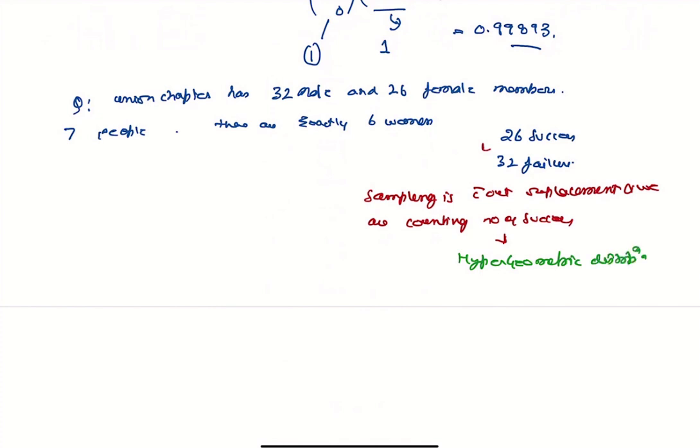And in hypergeometric distribution, it is easier to just use the intuition of doing it. So we choose 26 choose 6, and 32 choose 1, divided by 58 choose 7. We can put it in the formula also, but it's just easier to do it in the intuition than trying to put it in the formula.